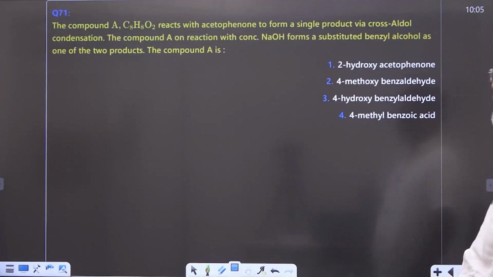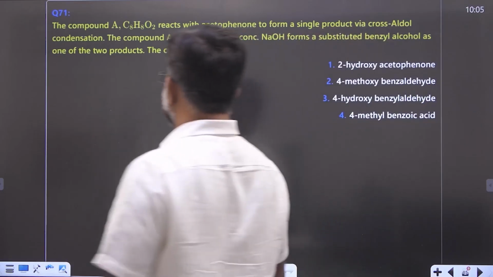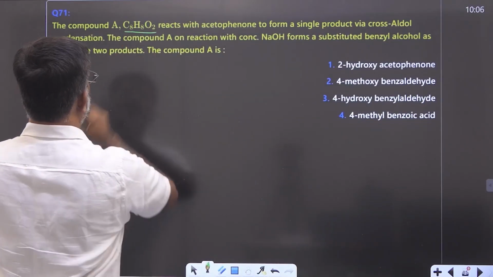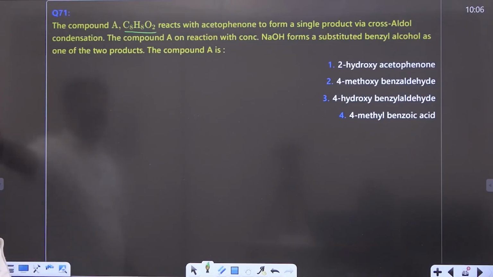Question number 71. The compound A, C8H8O2, reacts with acetophenone to form a single product via cross-aldol condensation. The compound A on reaction with concentrated NaOH forms a substituted benzyl alcohol as one of the two products.